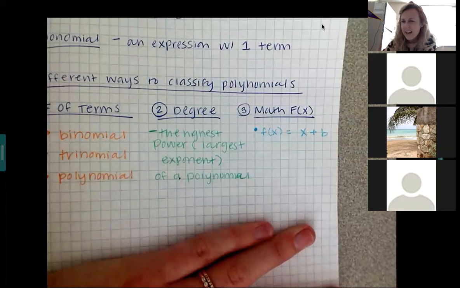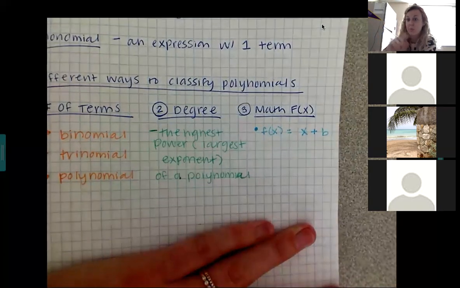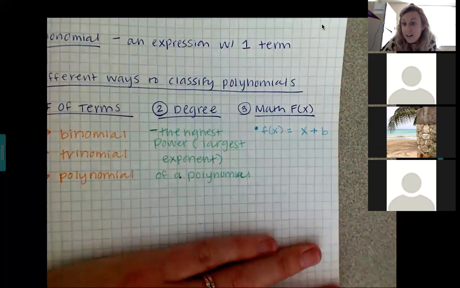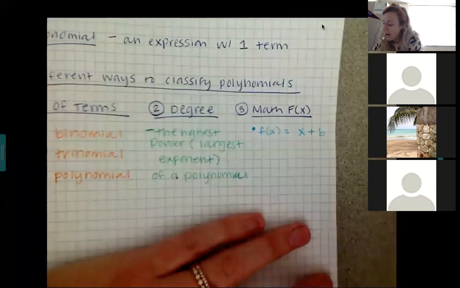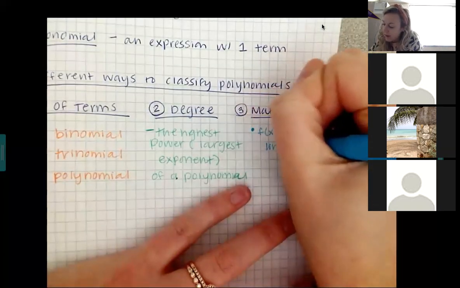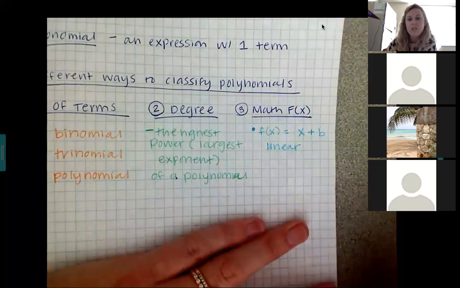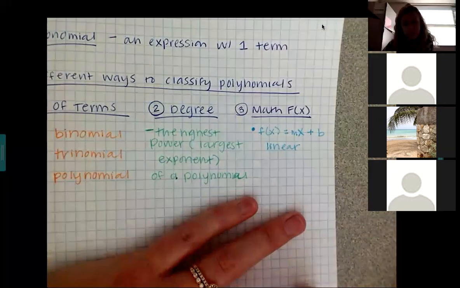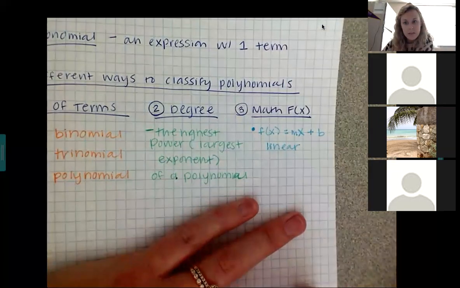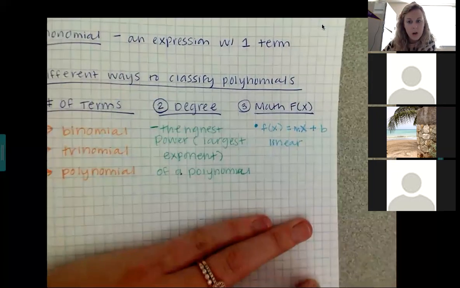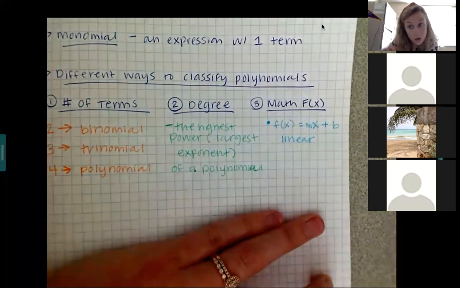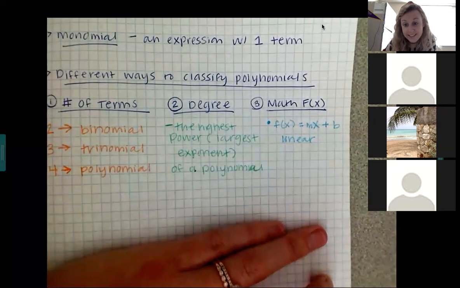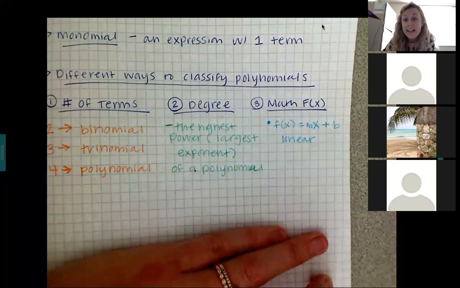Exponential? Not exponential. Exponential shoots up really, really fast. Linear. Good, there we go. If you have just a plain variable and then there's something added to it or maybe even a number out front, remember seeing mx plus b in middle school, or in Math 1? That would be a linear function, okay?